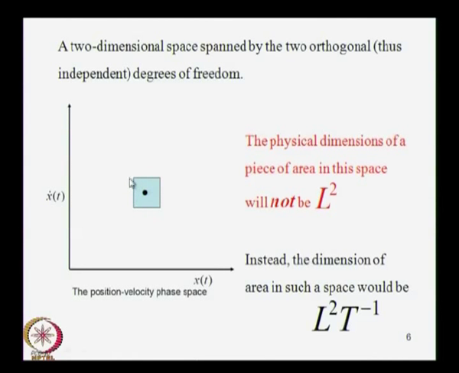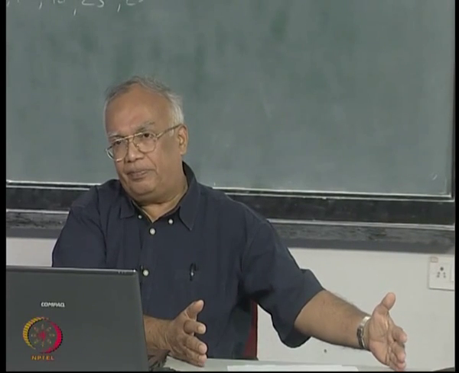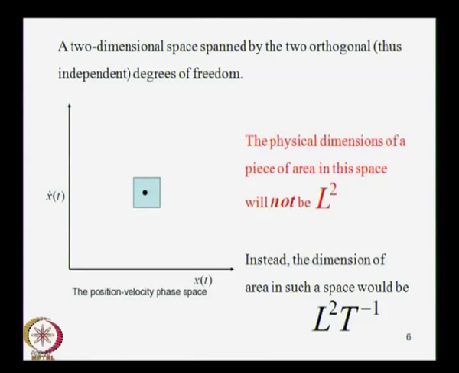Now, if you look at an area in this space, normally when you think of area like the area of the table, it is this side multiplied by that side, and the dimension of the area is L square, right. But here the dimension of an area in this space is made up of a displacement along the x axis, which has the dimension of length, whereas on the vertical axis it has the dimension of velocity.